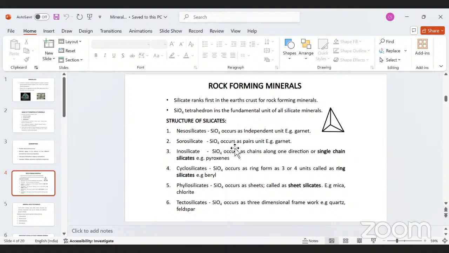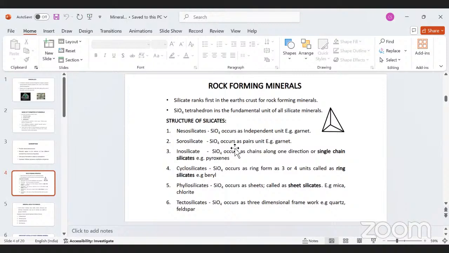So here one element is magnesium, and silica will be there, and O4. SiO4 associates with a bond to Mg, and this forms forsterite, and it is called a nesosilicate.